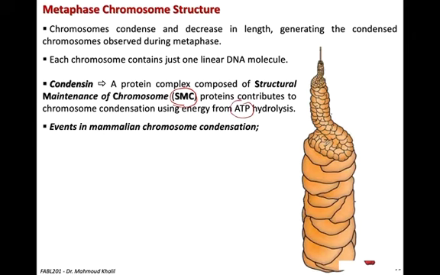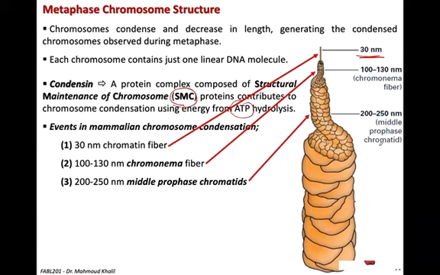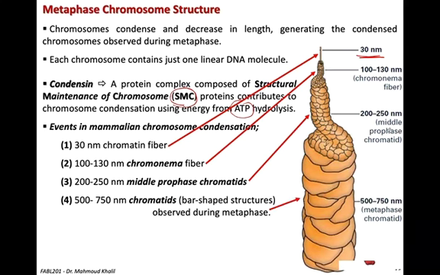So during the condensation, there are some events. Initially, these are the 30 nanometer fibers that we have been talking about in the last two slides. Further condensation leads to a 100 to 130 nanometer fiber called the chromonema. Soon after that, the middle prophase chromatid is formed, which is around 250 nanometers in thickness.